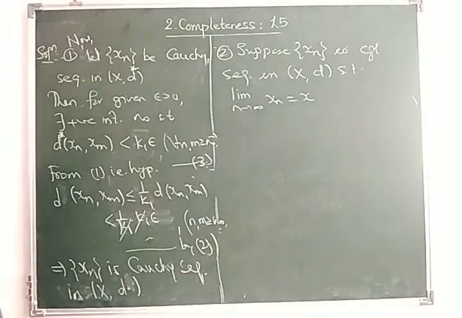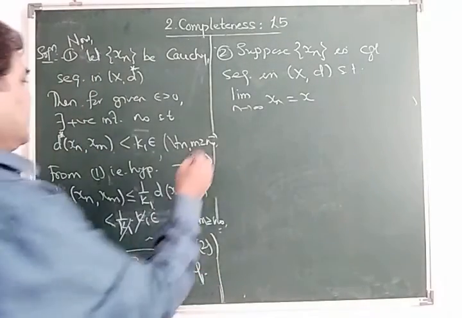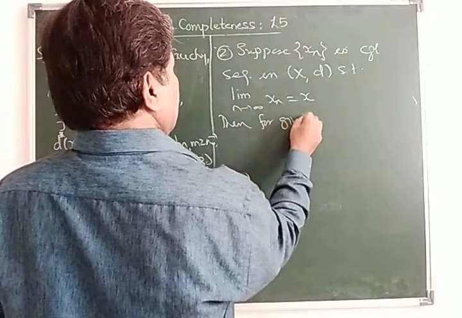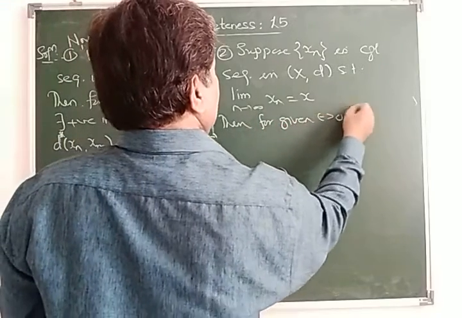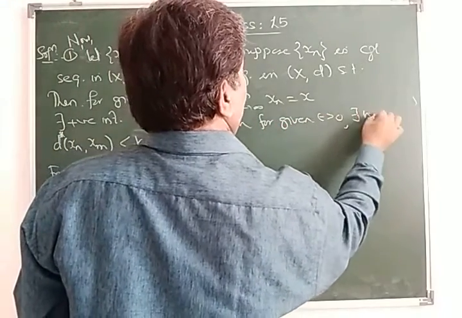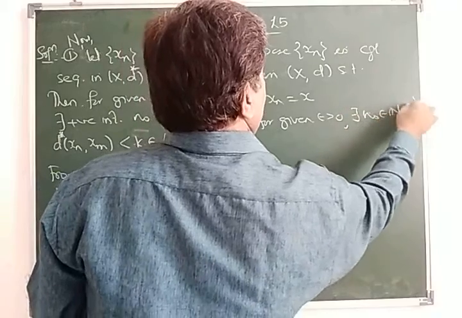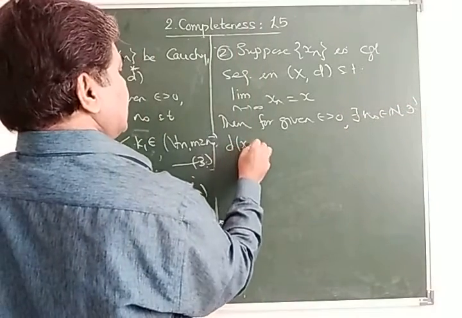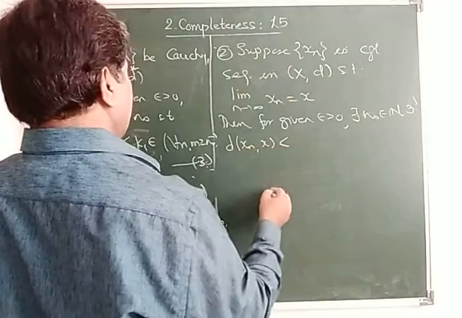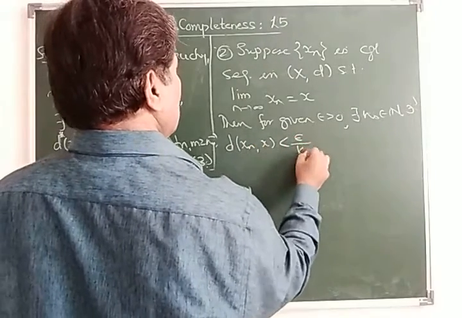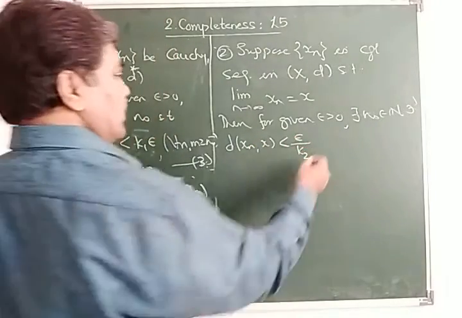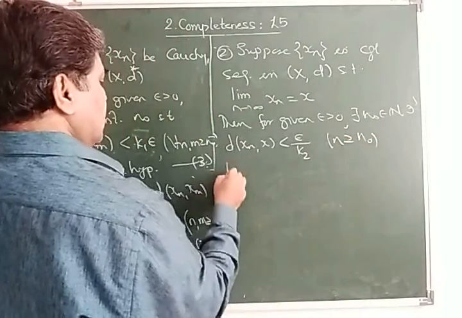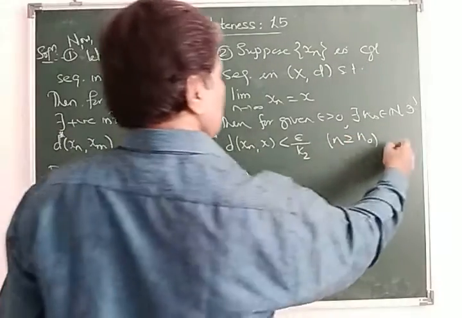Then for given epsilon greater than 0, there exists n naught belongs to N such that d of xn x is less than epsilon upon k2 for n greater or equal n naught. Then this is 4.